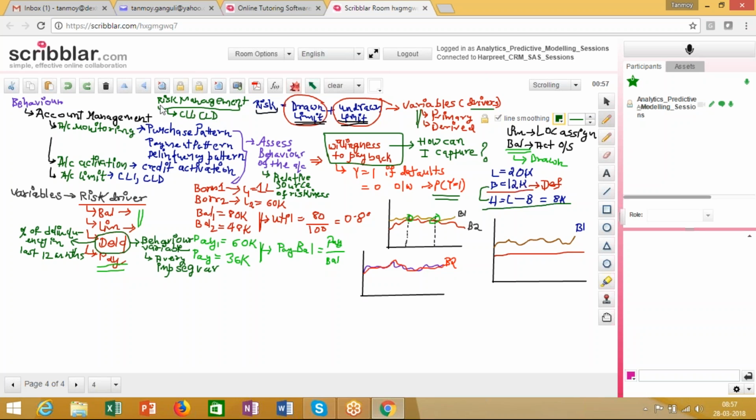So this is one area where we can focus on the risk management strategies. How is behavior score used in getting these risk management strategies done?